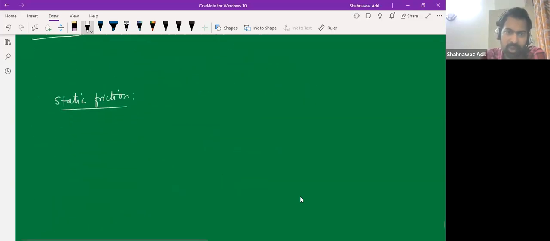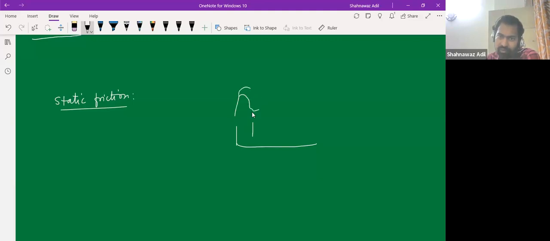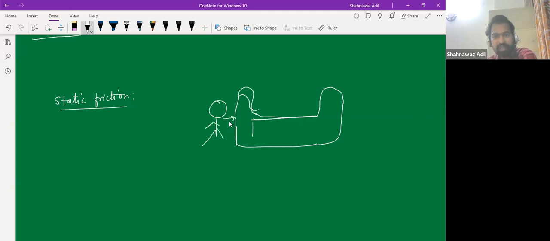So, what is static friction? Let's say that you have a sofa, and Akib is pushing this sofa with some force.